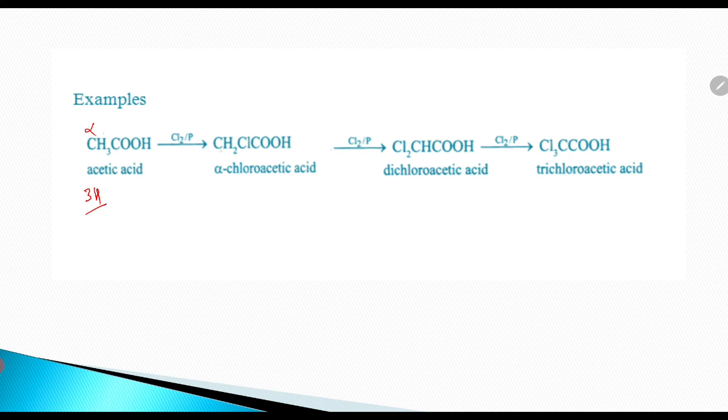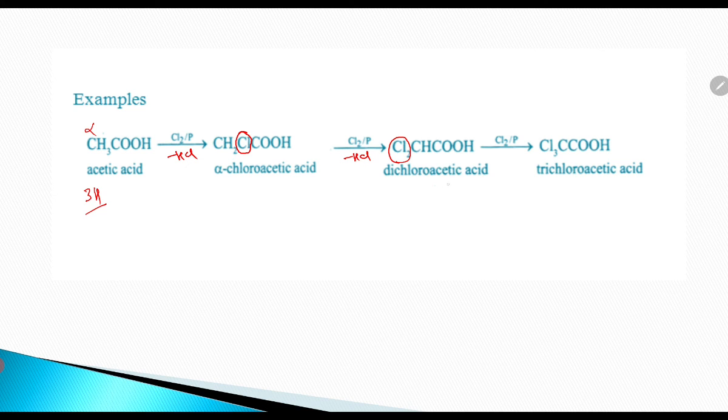Therefore, when treated with chlorine, for example, in the presence of phosphorus, 1 hydrogen is replaced by 1 chlorine, that is, alpha chloroacetic acid is obtained. If this is again treated with chlorine in the presence of phosphorus, again 1 HCl is lost and 2 chlorine atoms are substituted in the place of 2 hydrogen atoms.